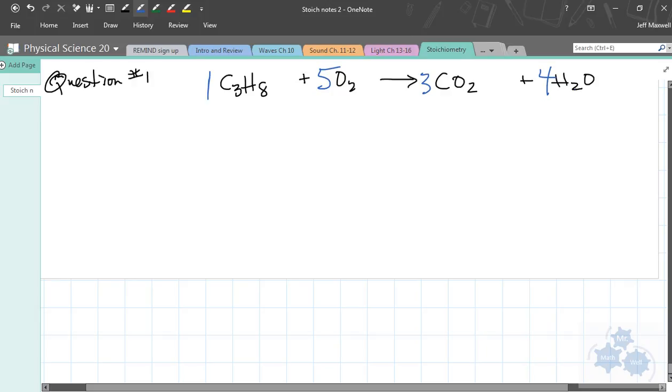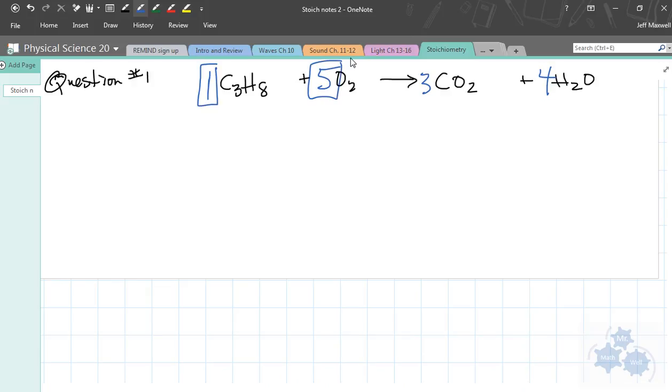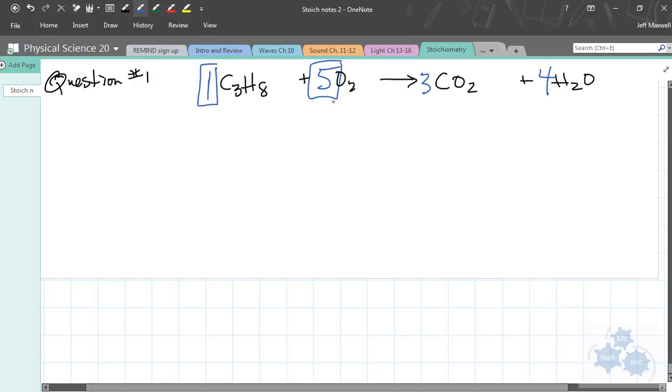So that's the molar ratio of everything involved in this equation, right? We know that we now have a 1 to 5 ratio of reactants. Okay? 1 to 5. That means I need 5 times as many moles of oxygen to react with this right here. Okay? Does anyone know what this molecule is here? You might know. What's that?